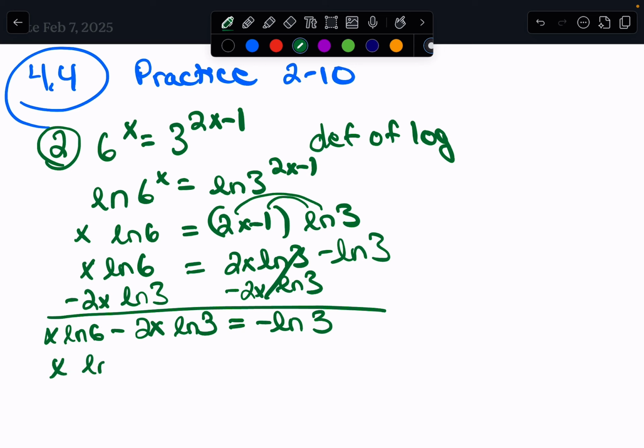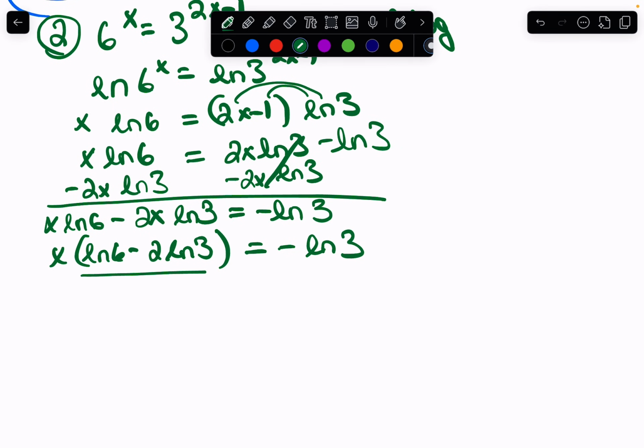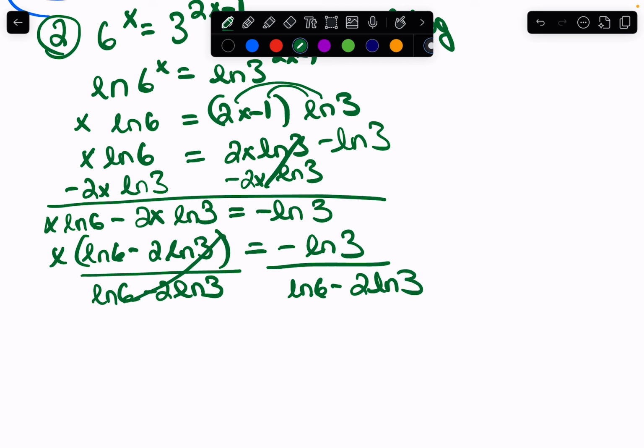Natural log of 6 minus 2 times natural log of 3, because both of those have the x as a factor. And next, we're going to divide to isolate the x. So x equals negative natural log of 3 divided by natural log of 6 minus 2 times natural log of 3.